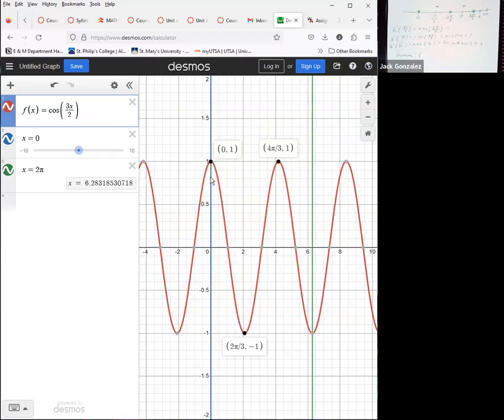So we should be decreasing from here to here, increasing there, but they have decreasing after 4 pi thirds.